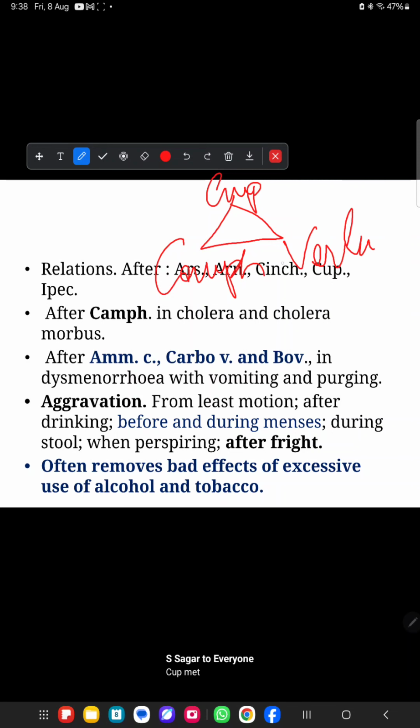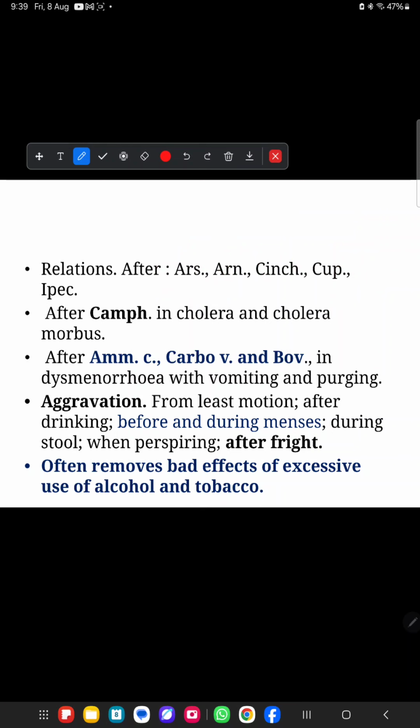Very good. So this is Hahnemann's trio. The question comes many times: all the medicines related to Asiatic cholera except one, and they can mention anything, Arsenic or Secale cor. So we have to choose the trio of medicines. This is the trio of cholera: Cuprum metallicum, Camphor, and Veratrum album.